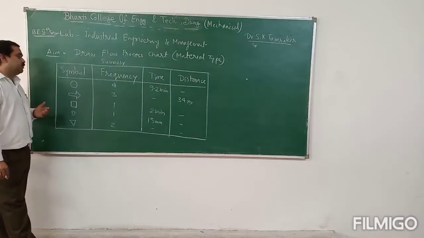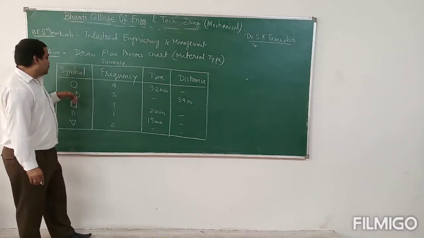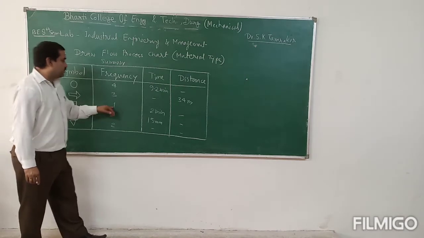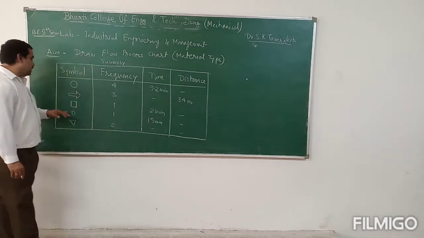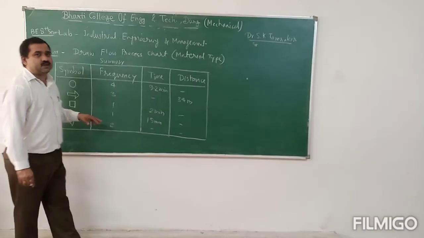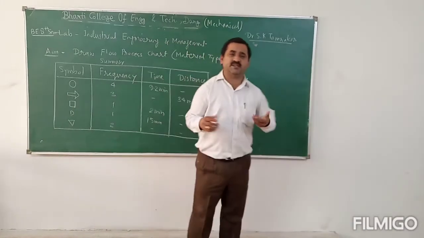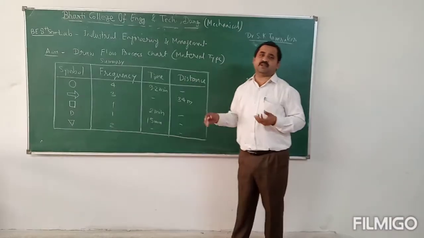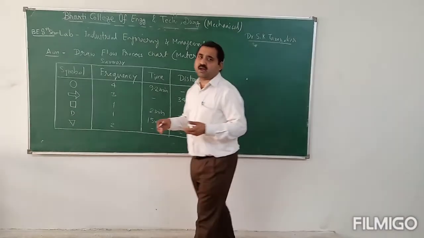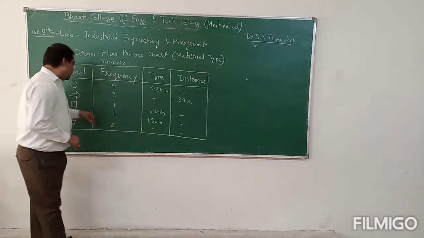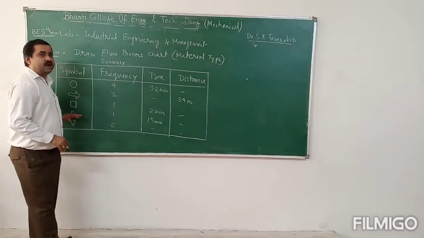So that is the most important inspection. This inspection is done here in 2 minutes. Then delay: sometimes due to other factors, like whether the machine is free or not, the inspector is free or not, or the operator is free or not, so the delay occurs in the production of any part.